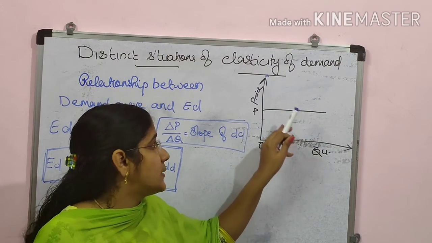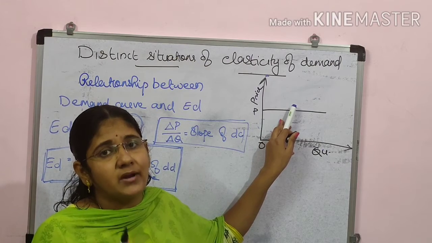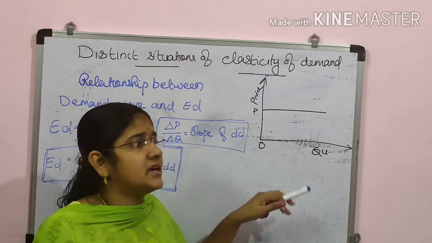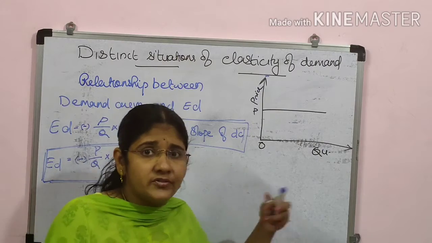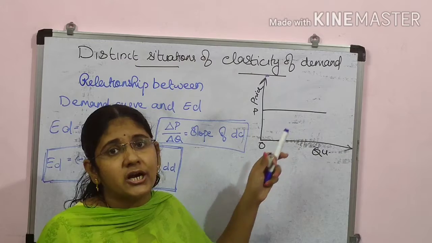If the price remains a static, constant value, then there is an unlimited demand for the commodity.